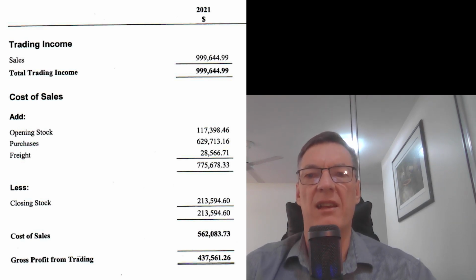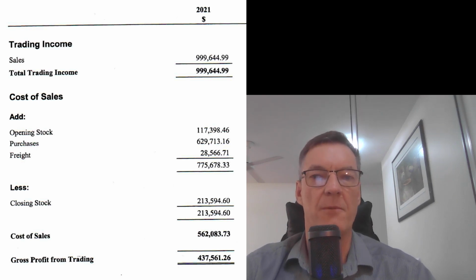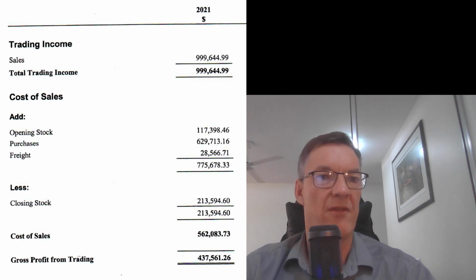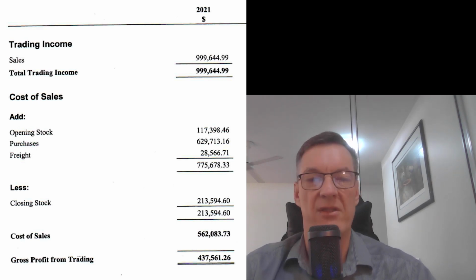To keep things a little bit simple, they want to work out from an accountancy point of view how much of the business is actually spent on getting that main part of the sales. So it's basically what we call the cost of sales or the cost of goods sold. You'll see here they've got opening stock and they've got purchases. So at the end of the financial year last year, they had $117,000 worth of bits and pieces.